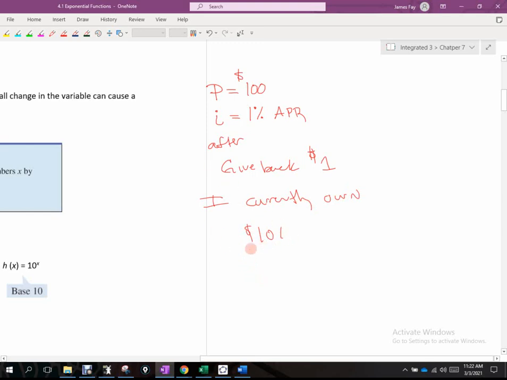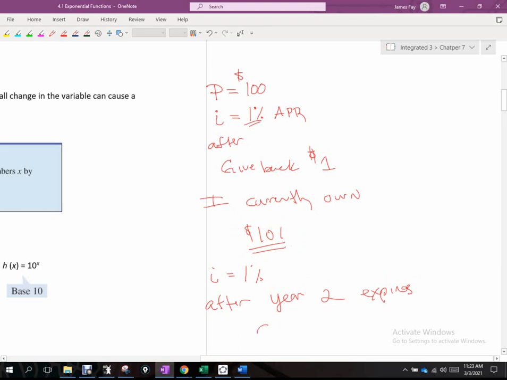Okay. Now what happens is that in year 2, I get that same interest rate of 1%, but it's 1% now of $101. Well, that means that after year 2 expires, and I didn't touch this 101, I didn't add anything to it, didn't remove anything, I'm now going to get 1% of that back.